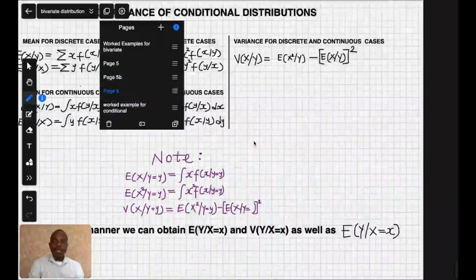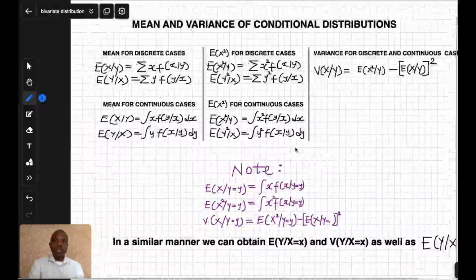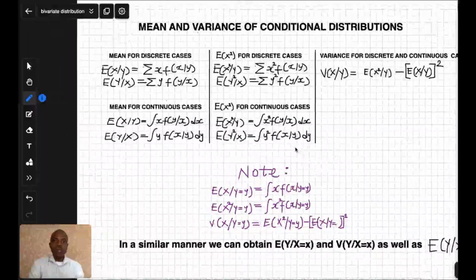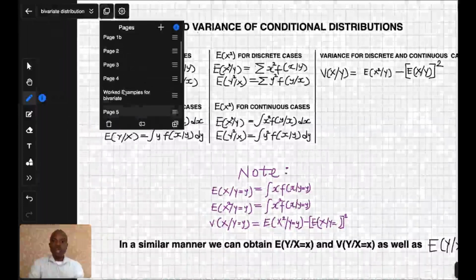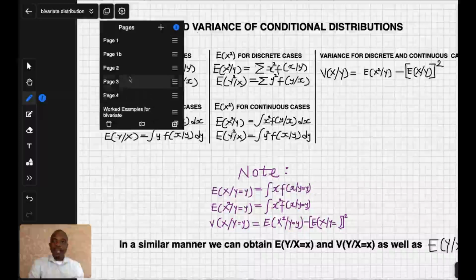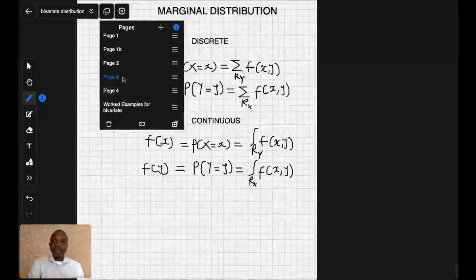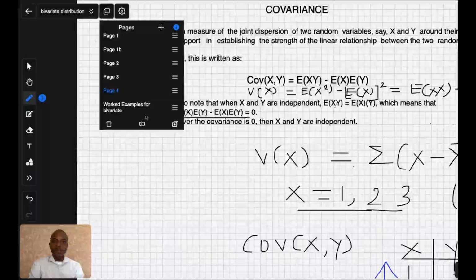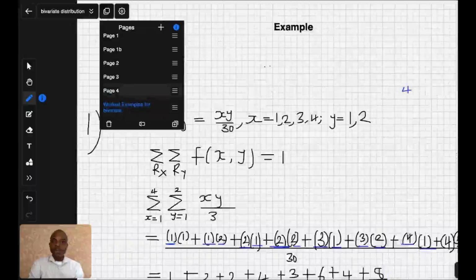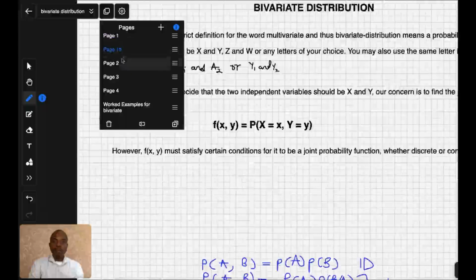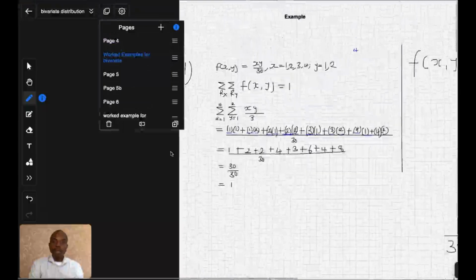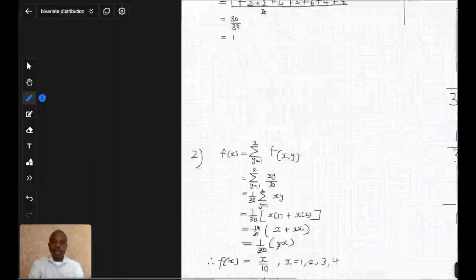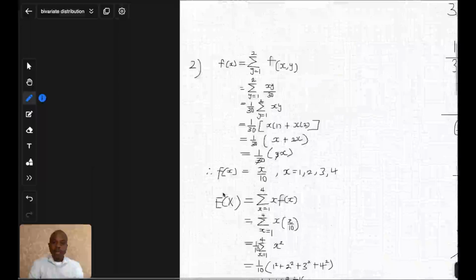Let's look at what happens to the variance and the mean of conditional distributions. You most likely have not forgotten the mean and variance in the case of your discrete distribution. So we defined the mean, for instance the mean of x, to be something like this.